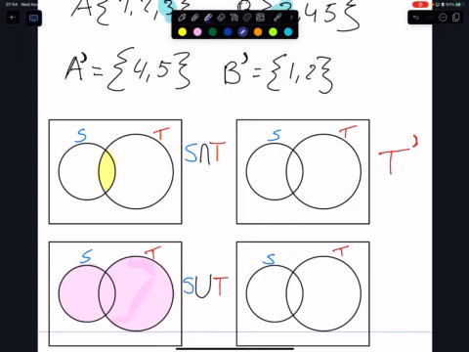Everything not in T. And if you notice correctly, you can write the same thing differently.